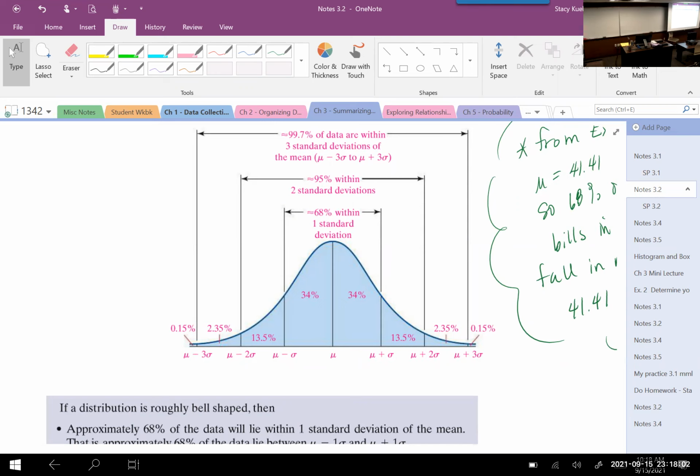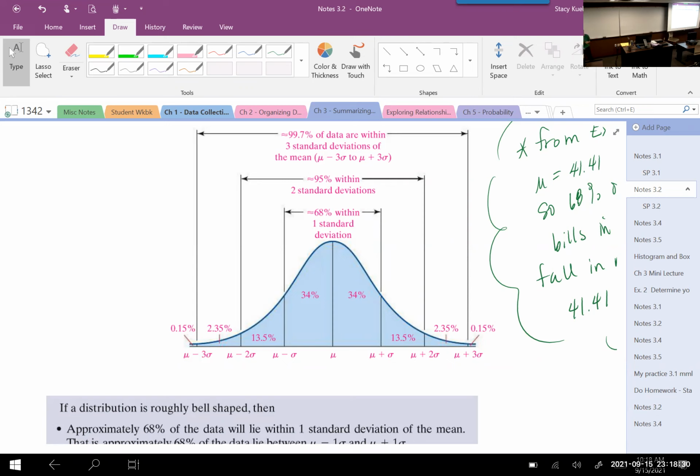So what this says is if I'm in the middle of the graph, if I move one standard deviation up from the mean, right? That's what sigma is. If I move one standard deviation above the mean, or if I move one standard deviation below the mean, 34% in either direction, 34% of the data that I collected would be right around there.